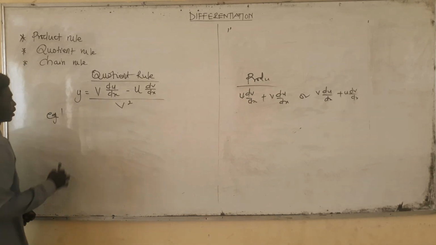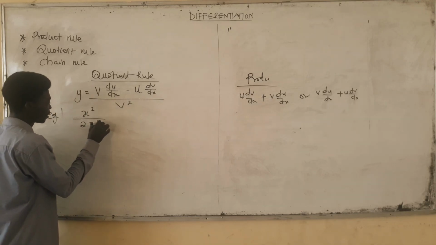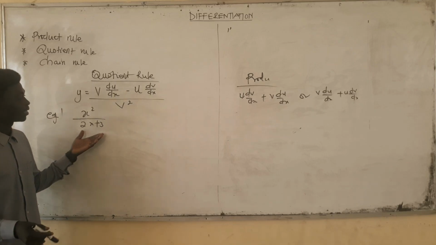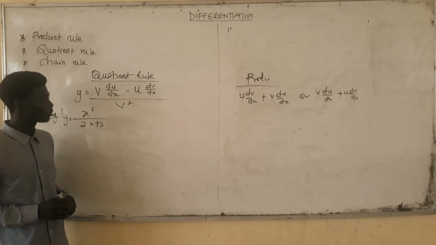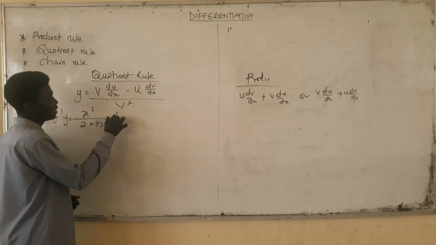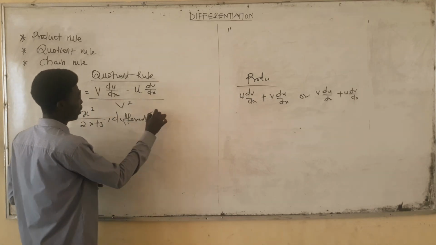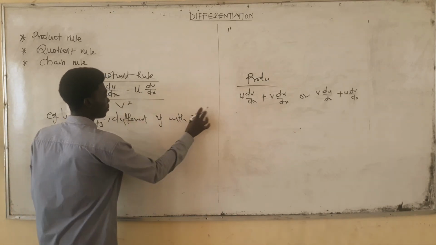So we have example 1: x squared all over 2x plus 3. This question is in fraction form, right? Now how do you differentiate this? Let's differentiate our y with respect to x.